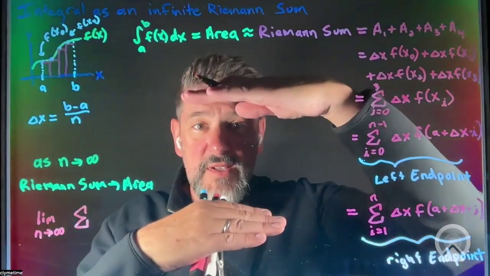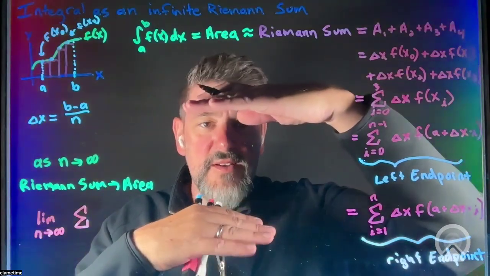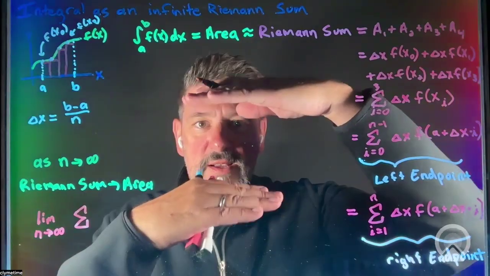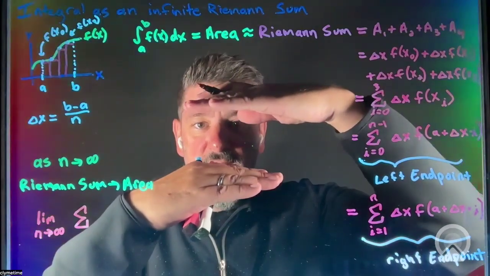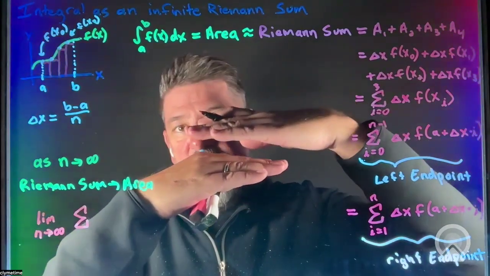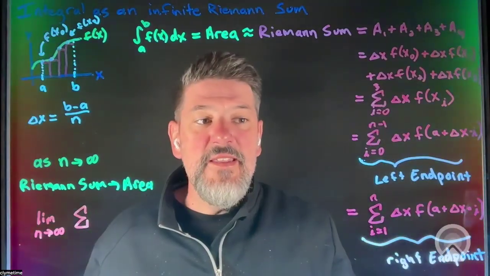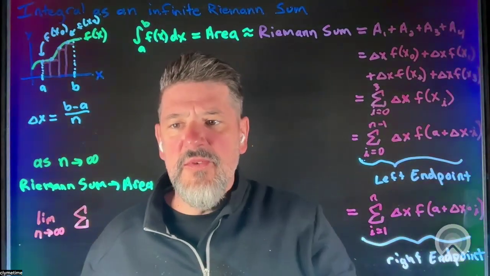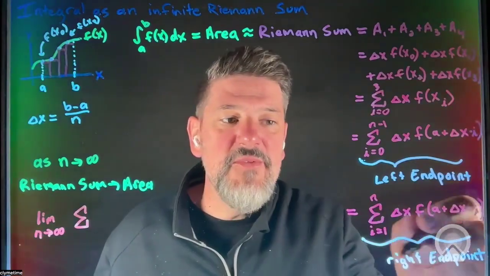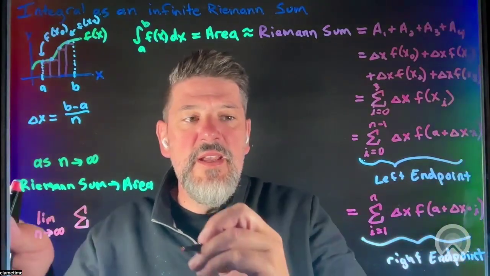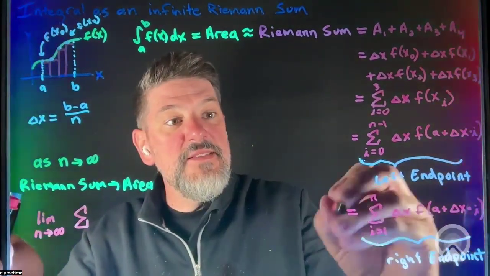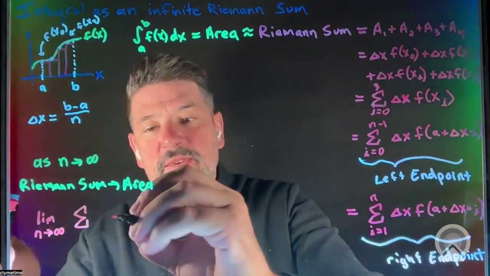The one that's too big gets closer to the actual area, and the one that's too small gets closer to the area. As you get more and more rectangles, eventually they converge on each other and equal the actual area. So with an infinite number of rectangles, it doesn't matter if we use the right or left endpoint. I'm going to use this one because it looks a little nicer than having n minus 1 on the top.